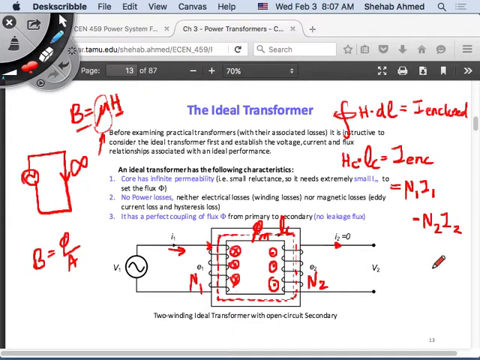If this N1 I1 minus N2 I2 is equal to 0, it means that my ampere turns on the primary are equal to my ampere turns in the secondary, right? So assuming the number of turns in the primary and the secondary are the same, for now, let's say it's a 1-to-1 transformer, what does that mean?